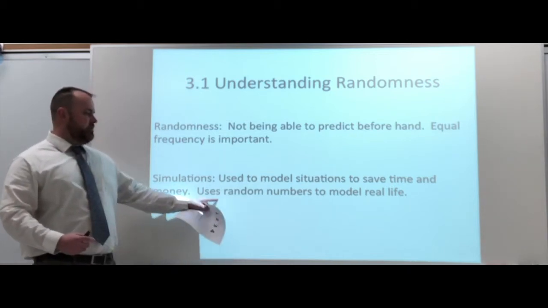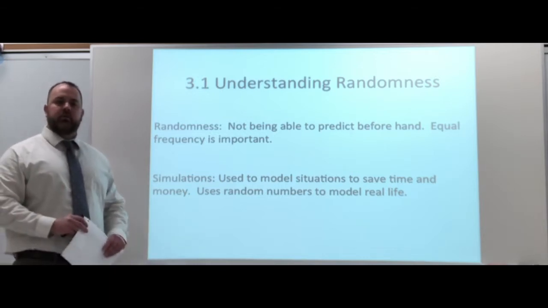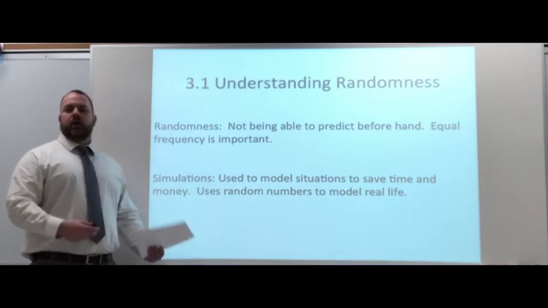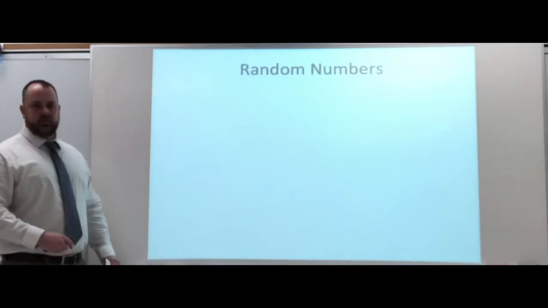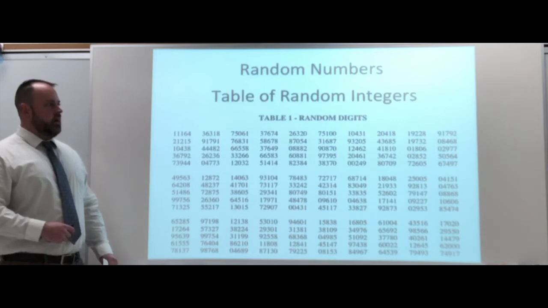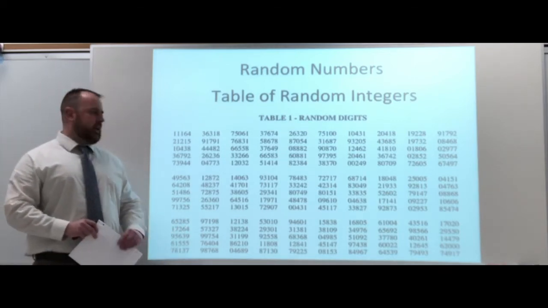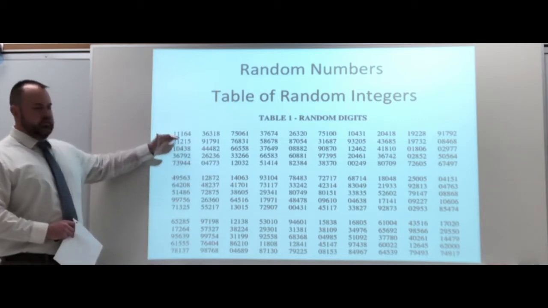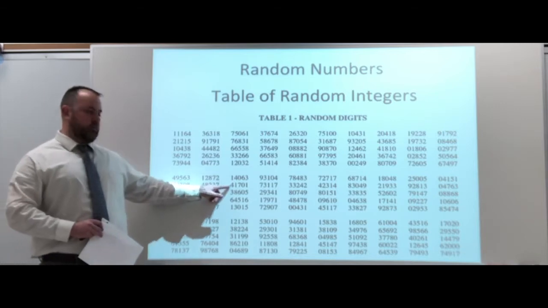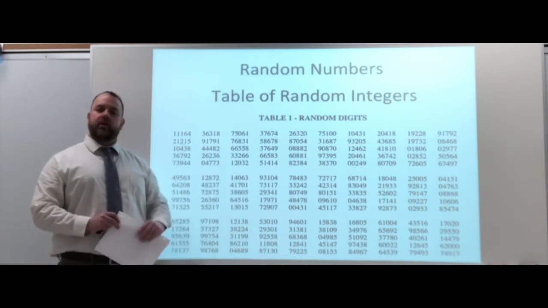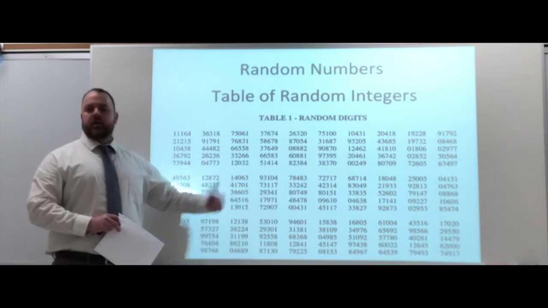Okay? Now this is on me using some random numbers, and there's a couple different ways you can get random numbers. Now, a long time ago, before we had the technology to generate random integers, we used something called a table of random integers. This was really a difficult thing to look at, and what you would do is you would look at one of the rows and you would just start going over, and depending on what numbers you're looking at for your simulation, you would just start going across the rows and picking out those numbers.